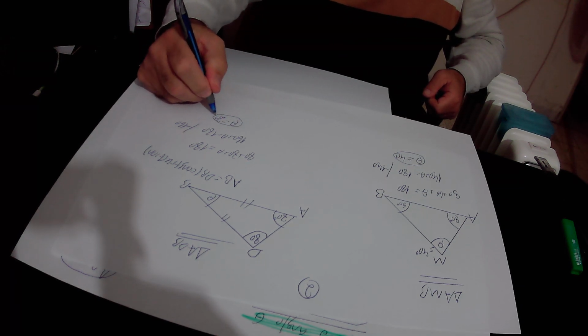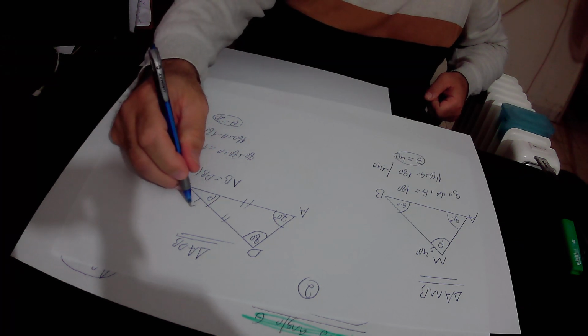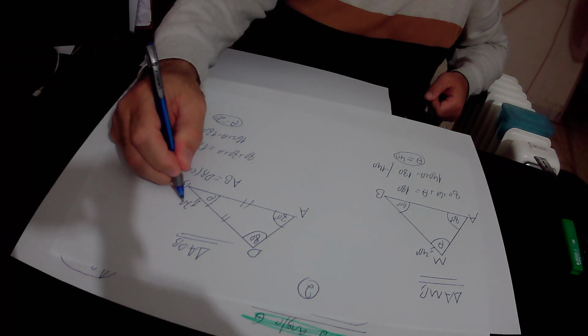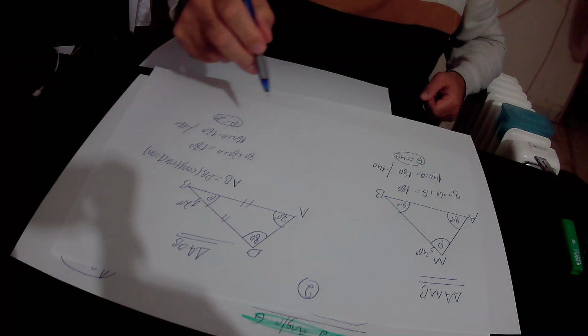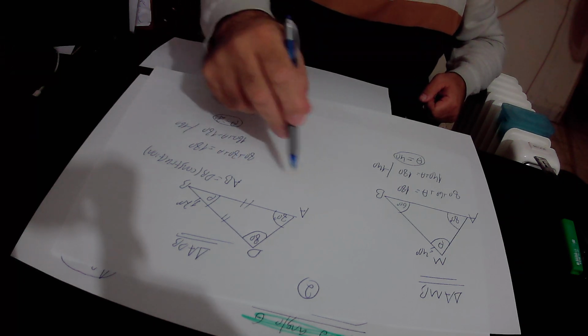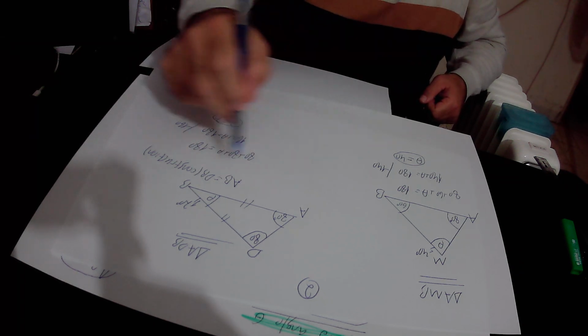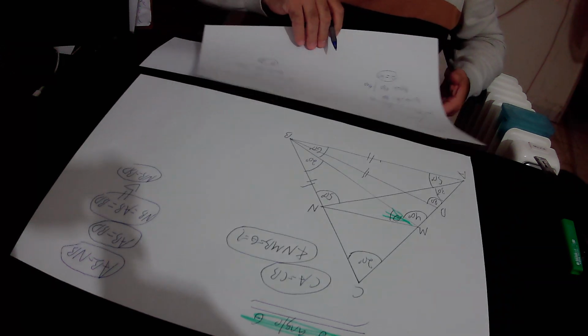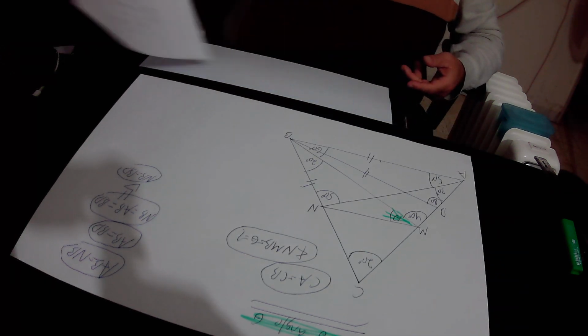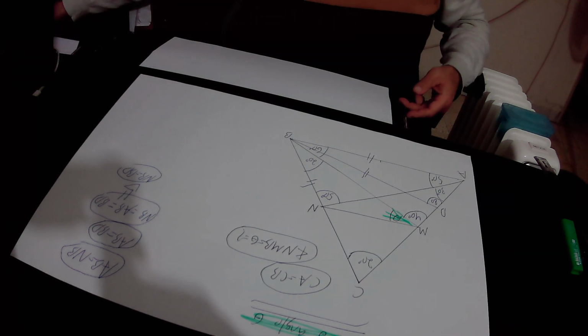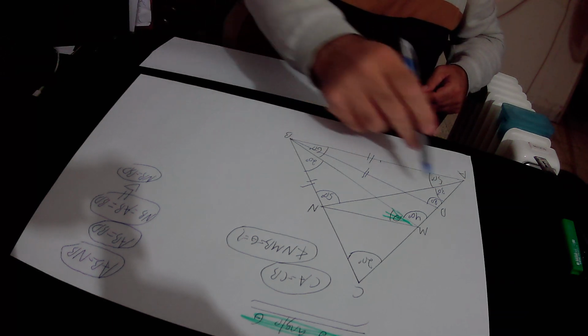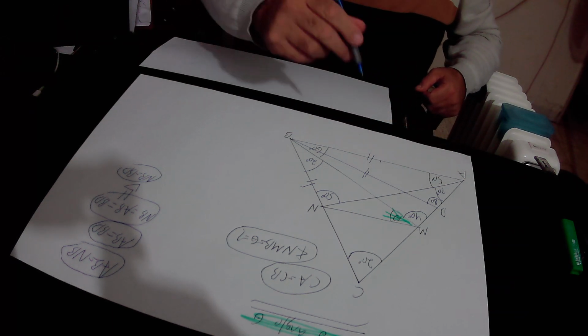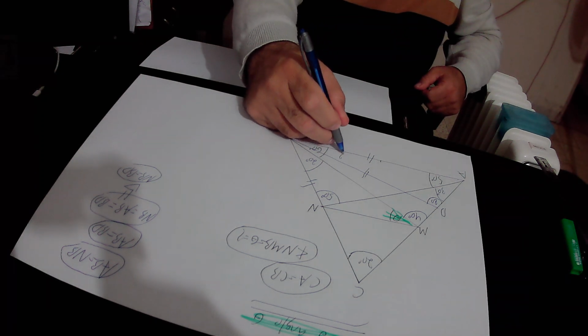Angle theta is actually angle ABD. So angle ABD equals 20 degrees in its size. I write it down here.